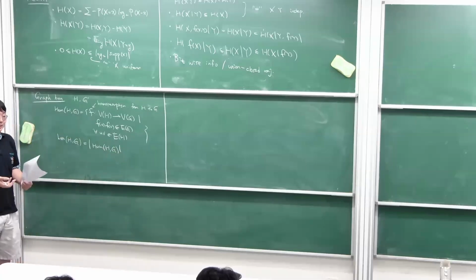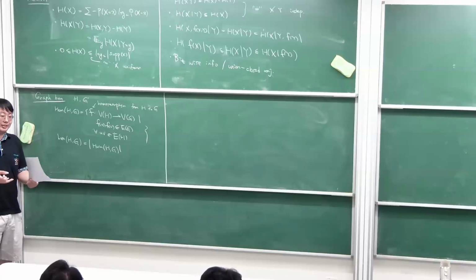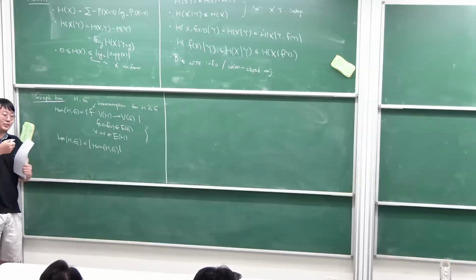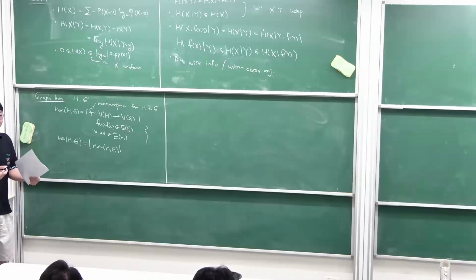And sometimes we want to understand the density of the homomorphism. So imagine you have a complete graph, then the homomorphism from a triangle into the complete graph is almost n^3. Like you pick a random map, with probability almost 1, you get a triangle.